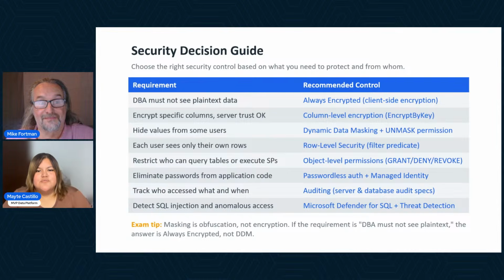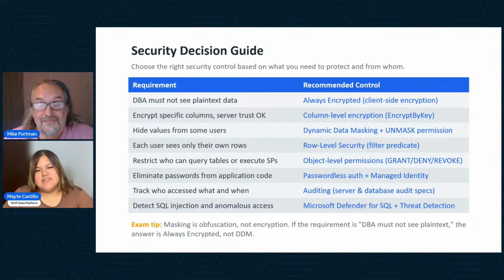When we need to prevent even the database administrators from viewing information in plain text, we should use Always Encrypted, because encryption takes place on the client side and the keys remain outside the database. If we only need to encrypt specific columns and we trust the server, we can use column-level encryption with functions such as ENCRYPTBYKEY to hide sensitive values from certain users.